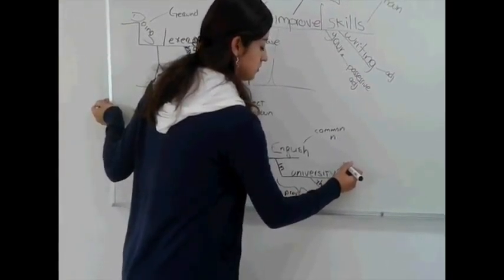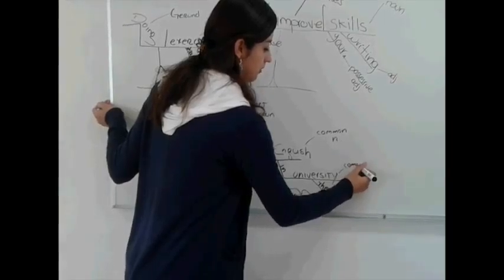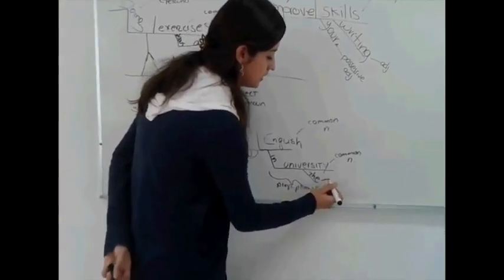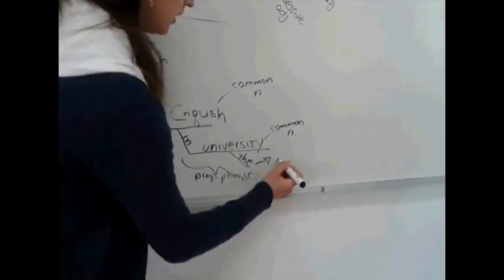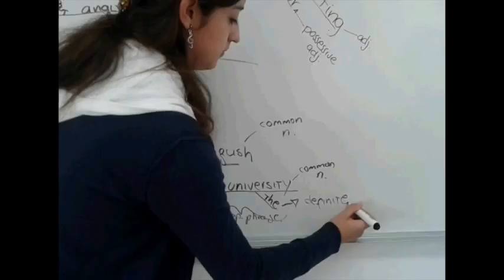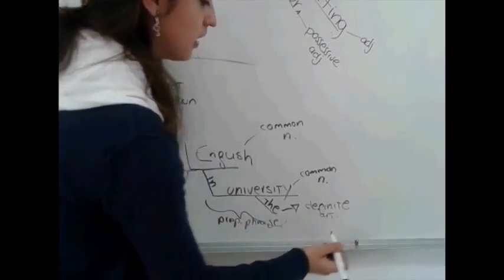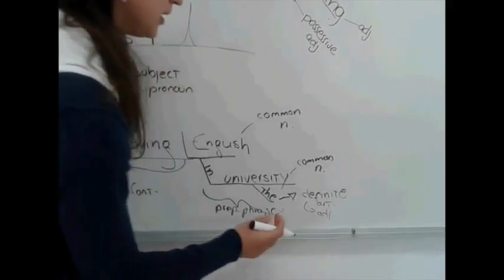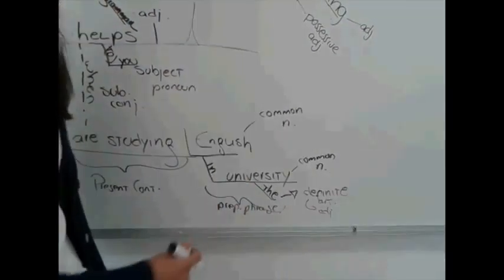University in this case would be also a common noun. And this one, it's a definite article functioning as an adjective. Why? Because it is describing the university.